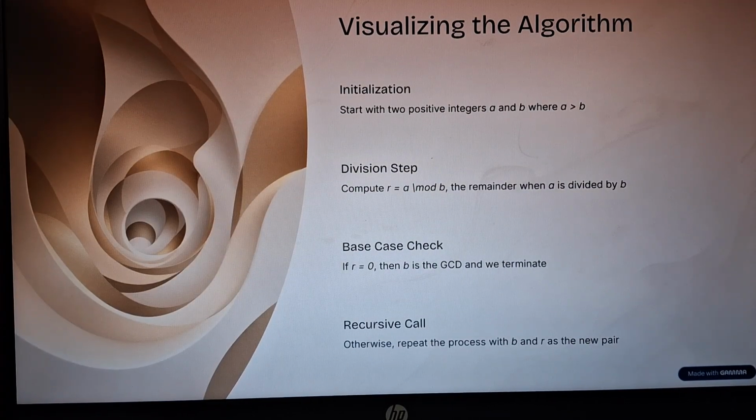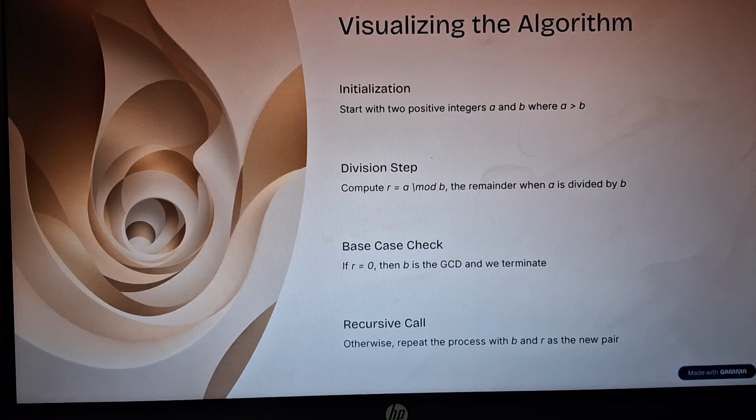So friends, let's dive into the third slide, visualizing the algorithm. Initialization: start with two positive integers a and b. Let's say 12 and 24. Now the second step, compute r equal to a modulo b, and notice the remainder when a is divided by b.